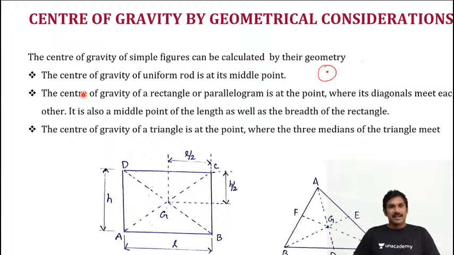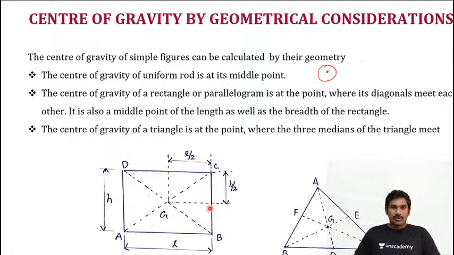Simple one. And the center of gravity of a rectangle or parallelogram is at the point where the diagonals meet each other. We can also find it by the middle point of the length and breadth of the rectangle. So what is the meaning?